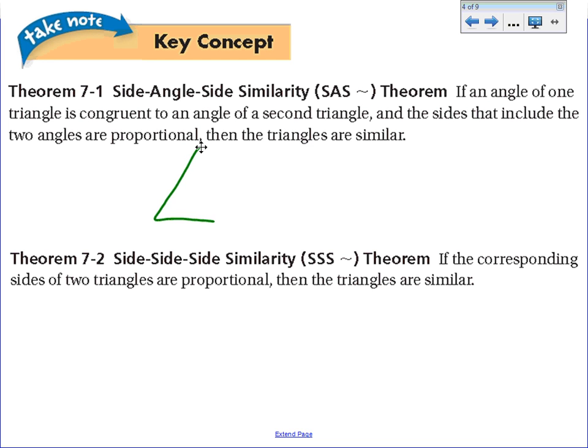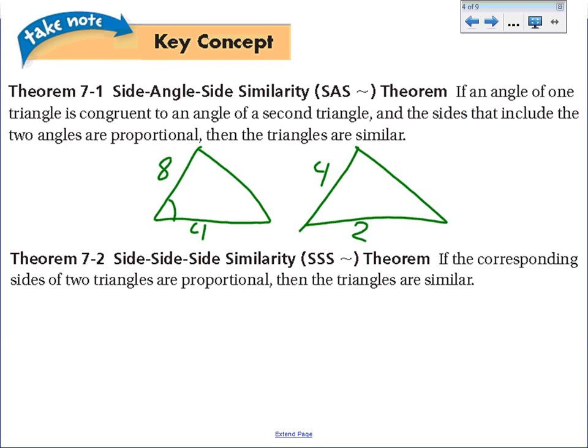So I will do my best to draw two triangles. If these sides are proportionate, and the angles included in those sides are congruent, we can say that these two triangles are therefore similar.